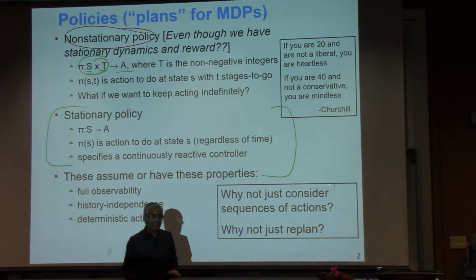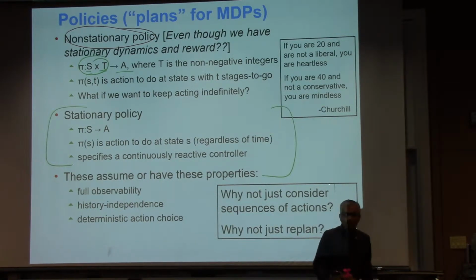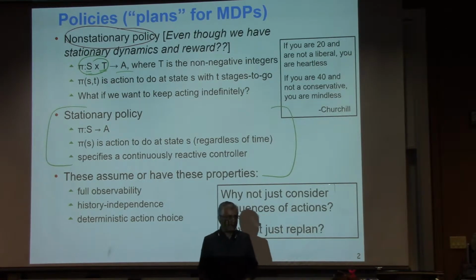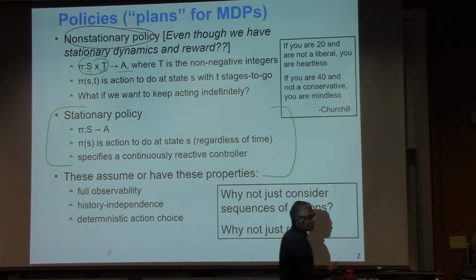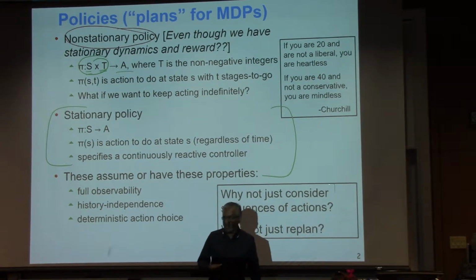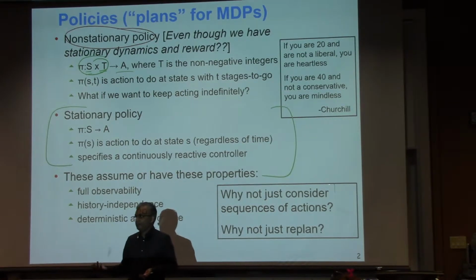So there is no notion of non-stationary policy for infinite horizon MDPs. But if you can only live for 100 years, then the optimal action in a state does depend on whether you are young, middle-aged, or old.